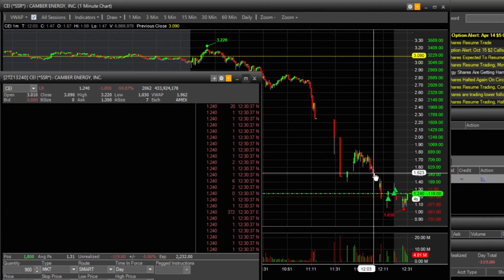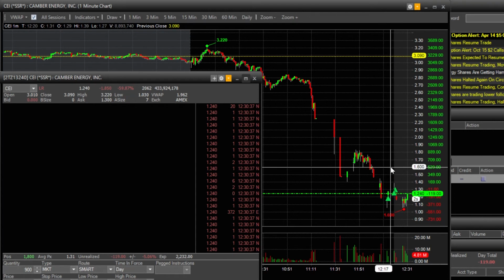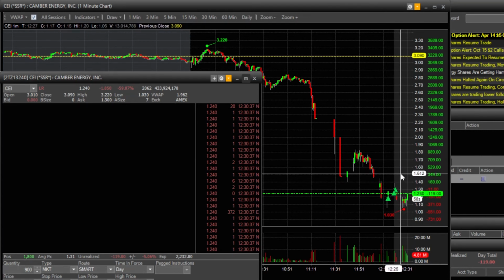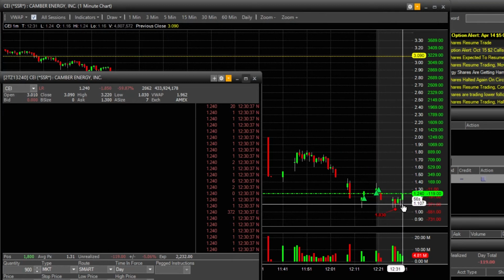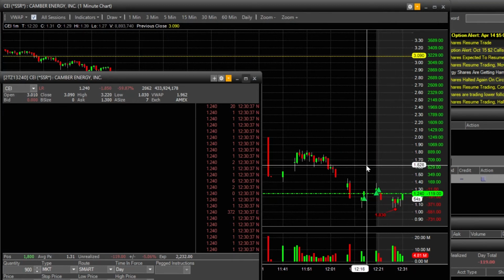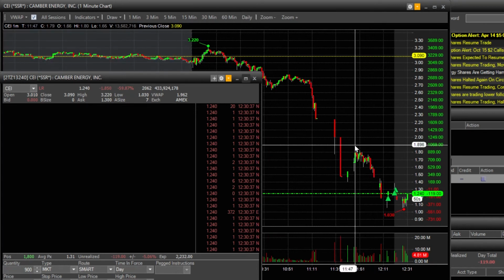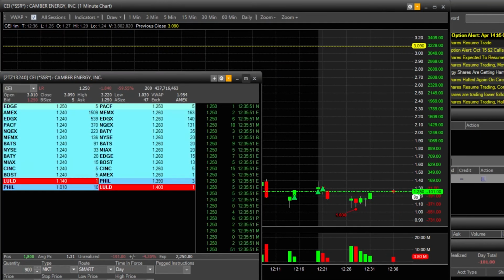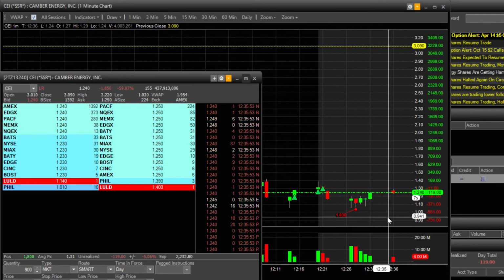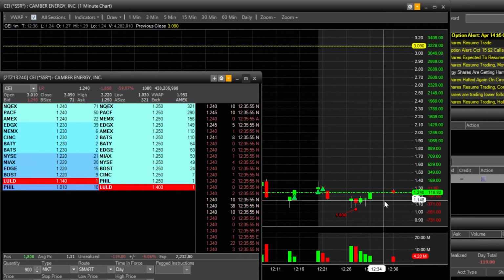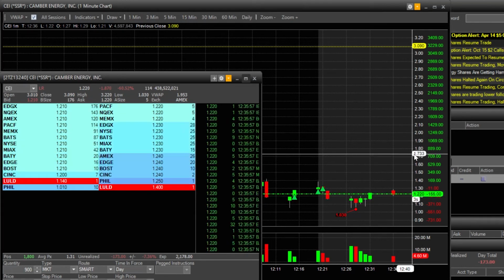So my real target could be around 160, but we'll see the price action, how it goes. For now it's just halting, but these kind of trades don't really happen very often. This is probably the first time. And it reopens, and it's kind of dropping now. We'll see how it goes.